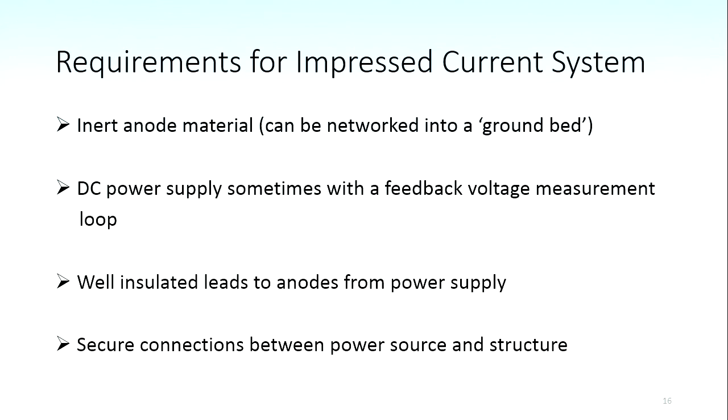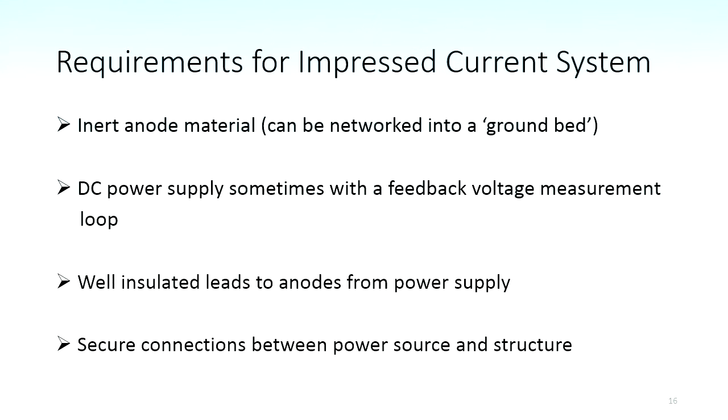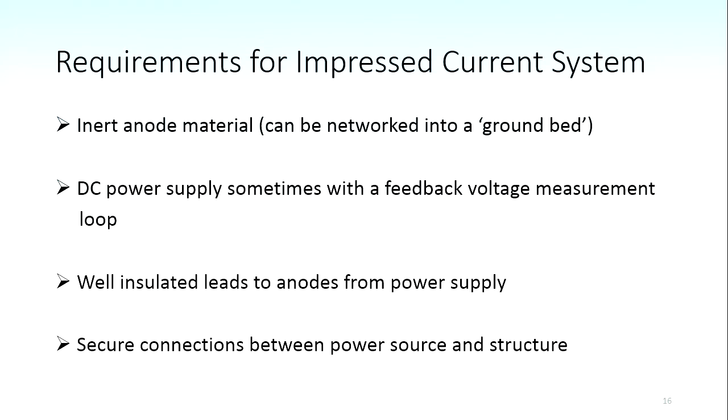We need a DC power supply, and we'll look at that again in a minute. We want to measure the voltages, and sometimes there's actually a feedback loop into the power supply for a more sophisticated control. It sounds obvious, but we need to insulate the leads from the power supply to the anode.